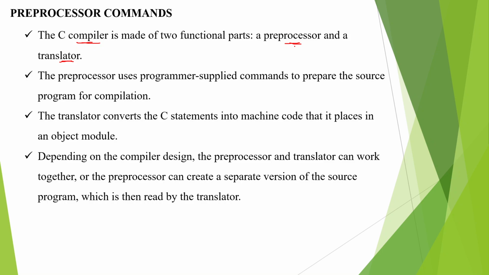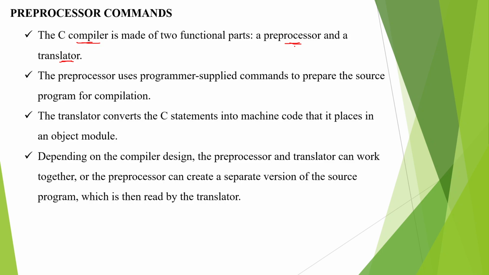From these preprocessing commands only, because the preprocessor has replaced those commands with the actual file code. That's the reason we got more lines to be compiled in our program. They simply act like a replacement, command to code replacement. Wherever you keep a preprocessor command in your program, that command will get replaced with the code.